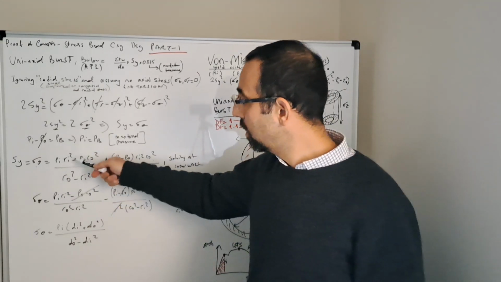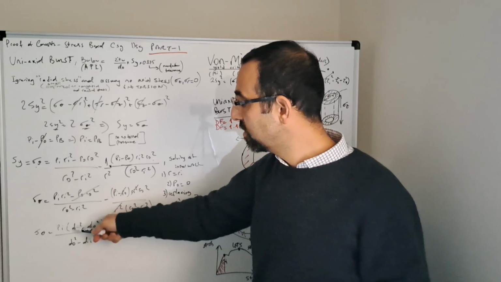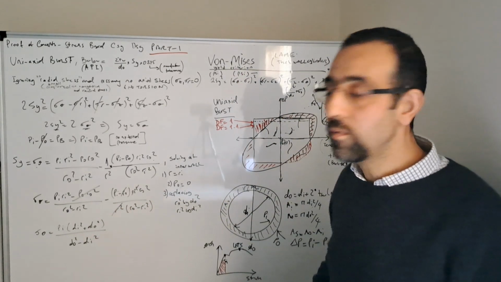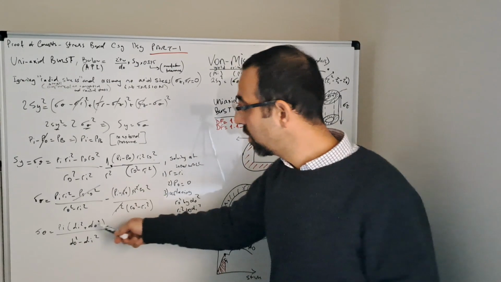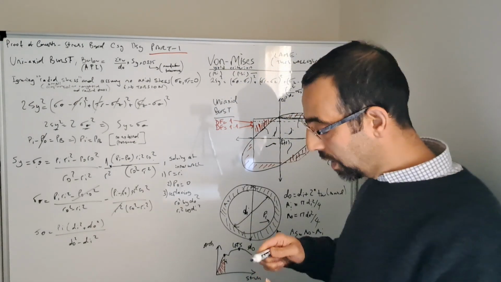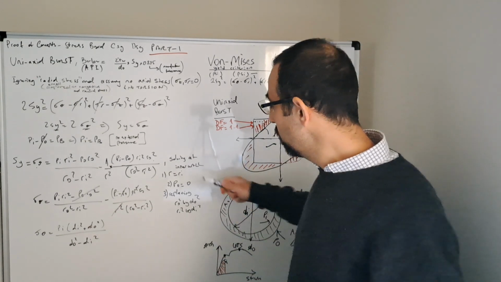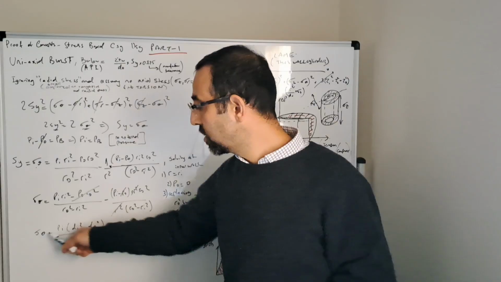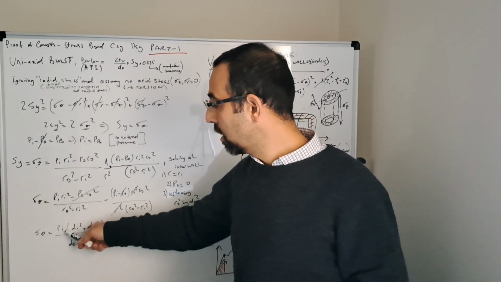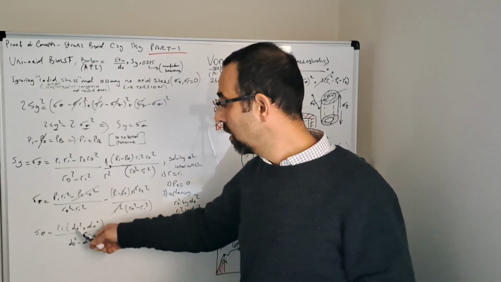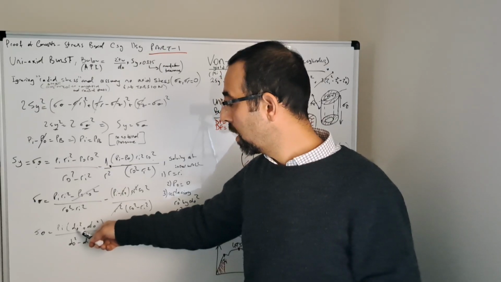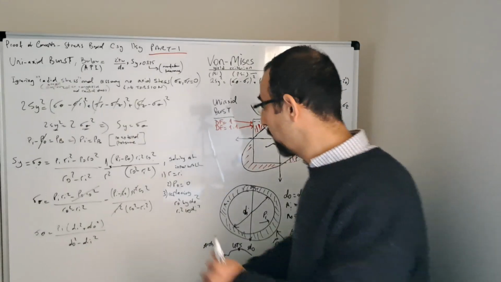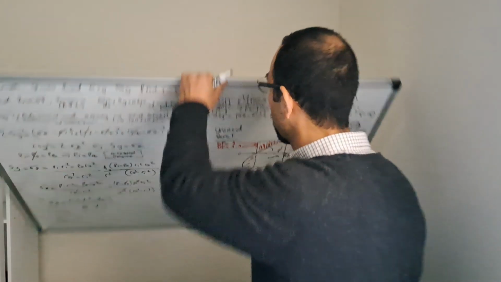So I will be writing them easily as inner diameter square plus the outer diameter square, which we will refer to as inner diameter and outer diameter later in the series. So when we do this, we come up with the tangential stress equal to the internal pressure times the inner area plus the outer area divided by the cross-sectional area. So let's not forget that one.